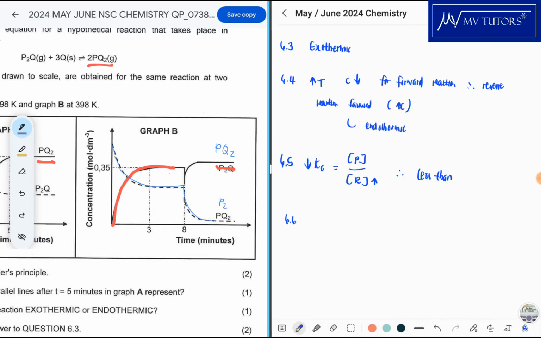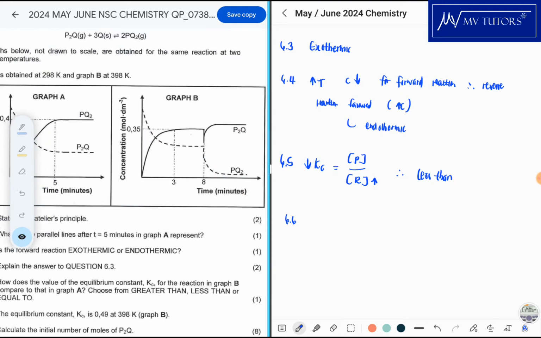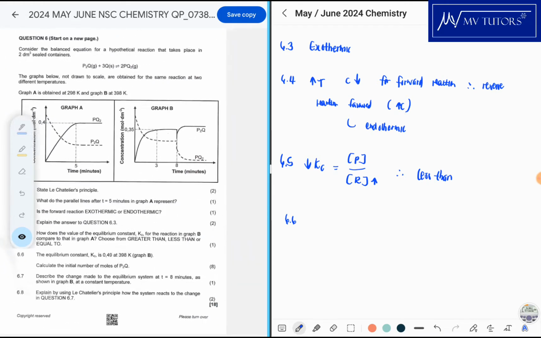That would be P2Q. If you're wondering what happened to Q, that's a solid, so we don't really consider it, especially when it comes to our Kc calculations. So consider the solid line to be your product, PQ2, and the dotted line to be your reactant, P2Q. I forgot to state that.